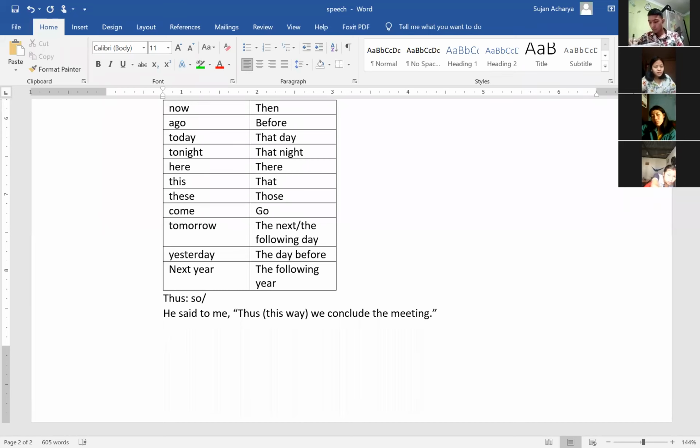Now what comes in the options? Thus means in this way, more or less. Now thus can mean in this way, and it can also mean therefore. What precedes before you use that word determines the meaning of that word in particular.